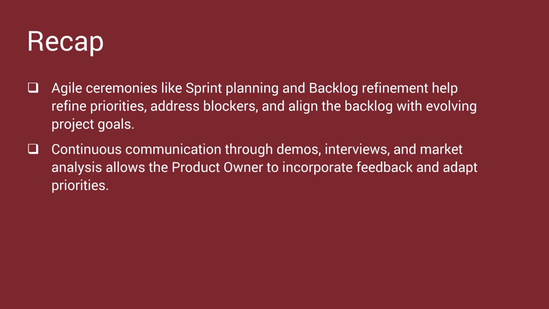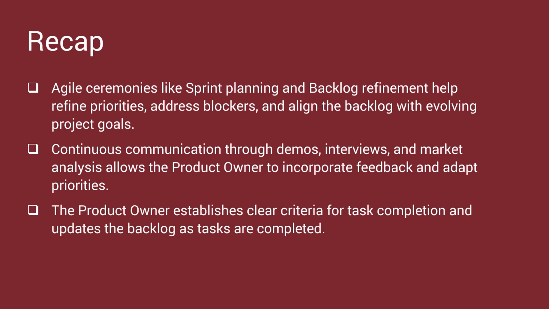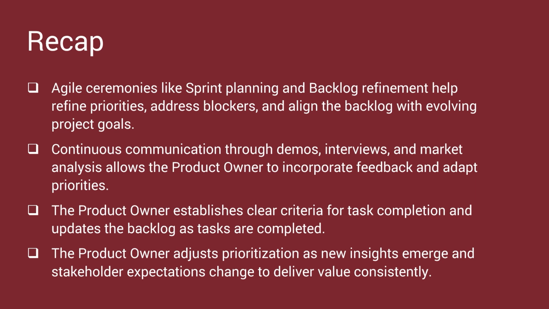Through continuous communication, including demos, interviews, and market analysis, the product owner incorporates feedback and adapts priorities as needed. Additionally, they establish clear criteria for task completion and ensure the backlog is updated as tasks are completed. The product owner adjusts prioritization as new insights emerge and stakeholder expectations change to deliver value consistently.